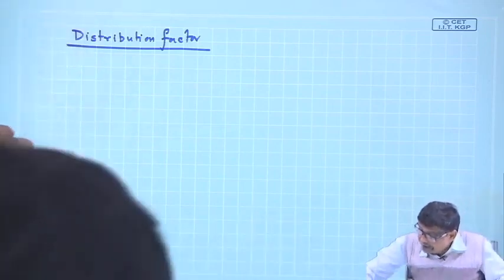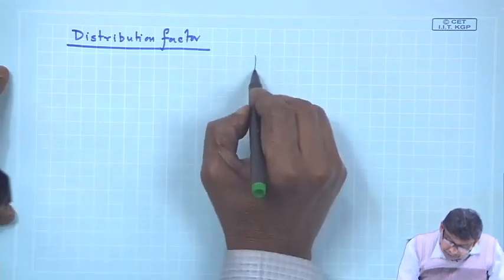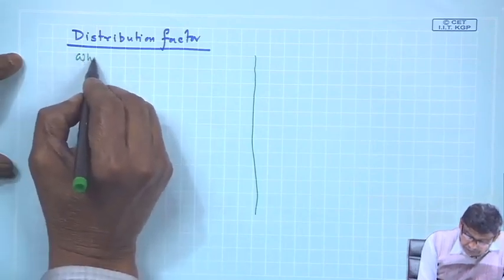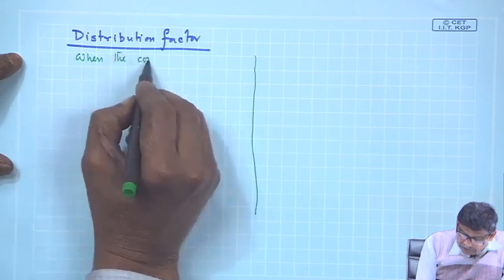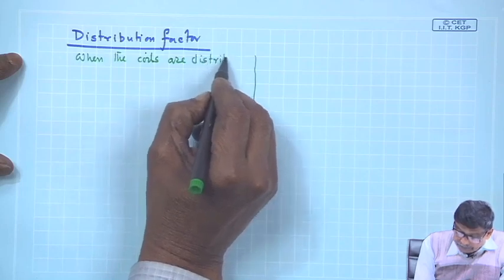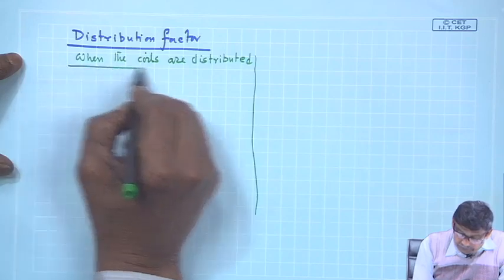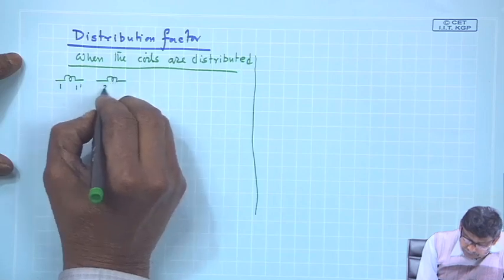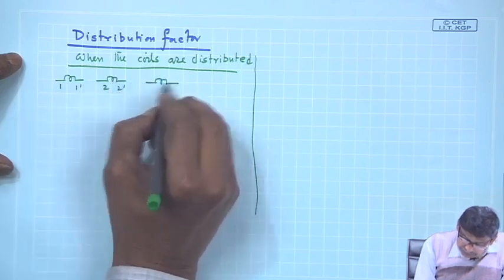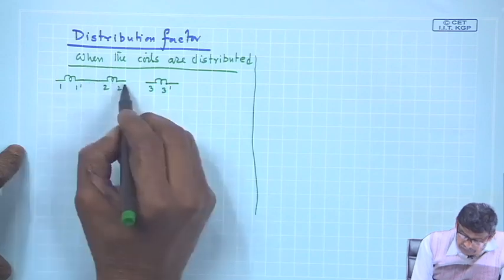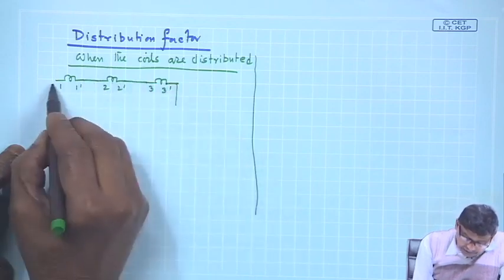Okay. So, let me redraw it. Here I will draw a vertical line, and here the coils are distributed, so the connection is the same: 1 dashed, 2 dashed and 3 dashed, and I will connect them in series, and I will examine this resultant voltage.